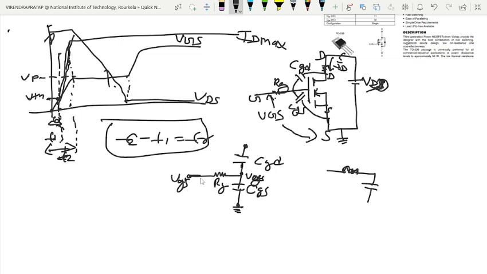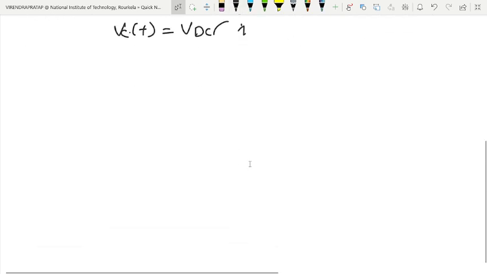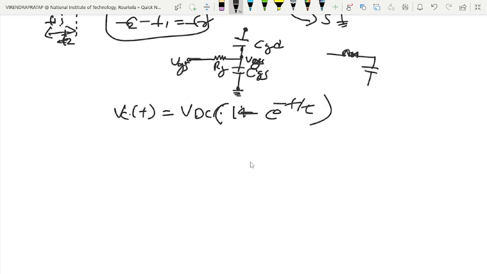I am writing the direct formula here. We know very well the capacitor charging formula is VC equals VDC times 1 minus e to the power minus t by tau.